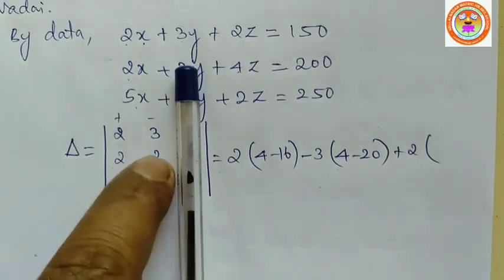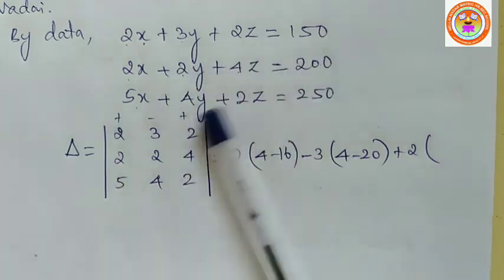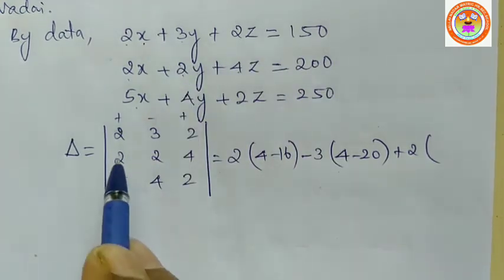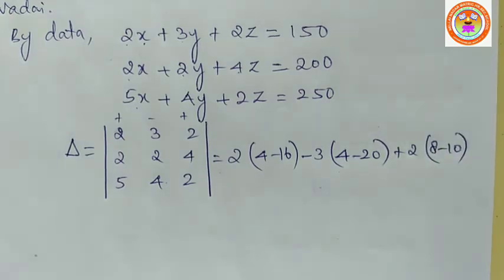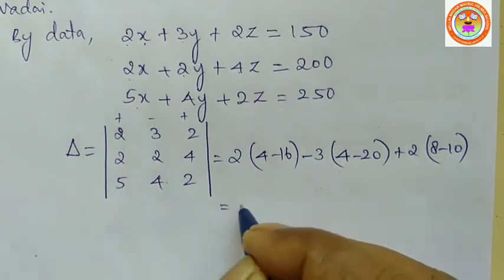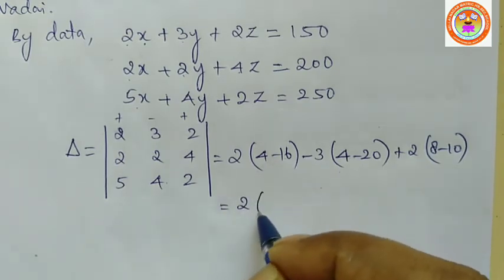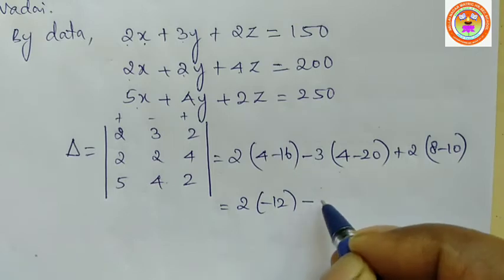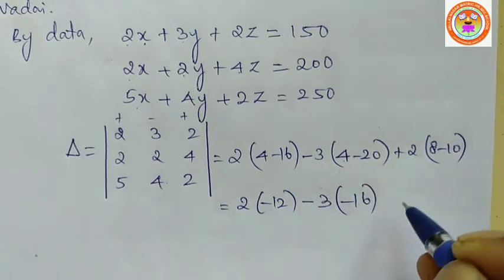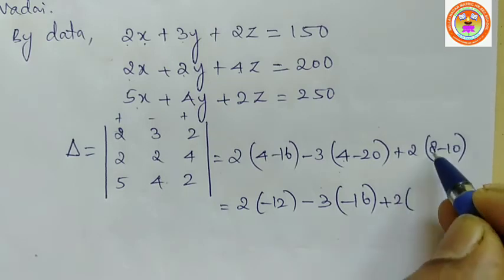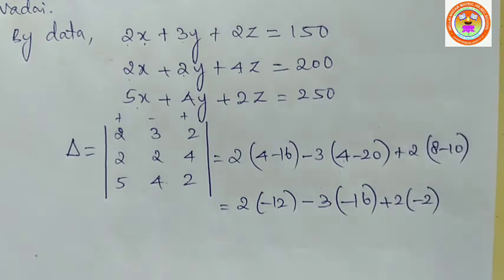Then plus 2 into this minor, right? 2 2 5 4. So 2 4s are 8, 8 minus 10. When we are simplifying these terms, 2 into minus 12, minus 3 into 4 minus 20 is minus 16, plus 2 into 8 minus 10 is minus 2.